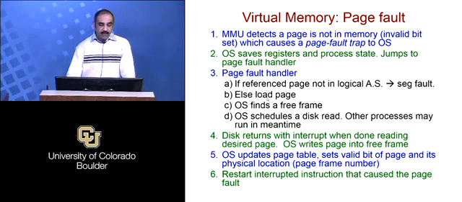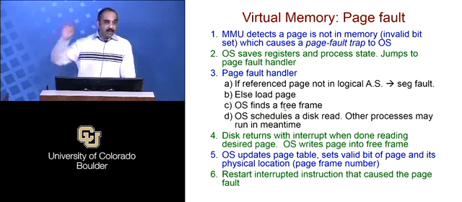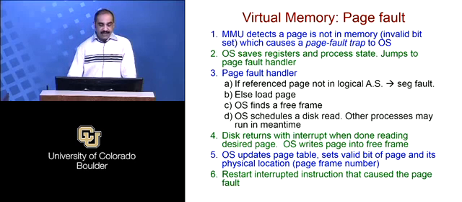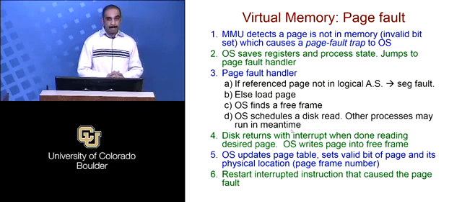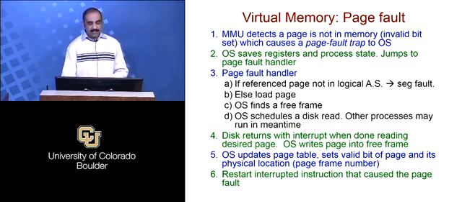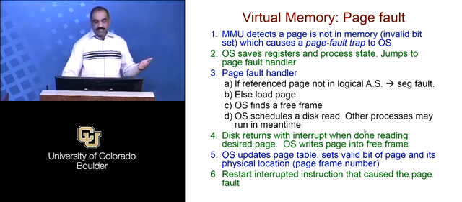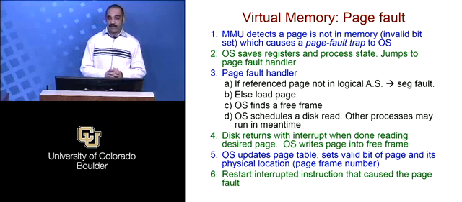Otherwise, you want to load the page. The operating system will find a free frame, a frame that's available, and then it will schedule a disk read. Other processes may run in the meantime. And then the disk returns with an interrupt when done reading the desired page. The OS writes the page into the free frame. And so that's what a page fault handler does. Is that clear?